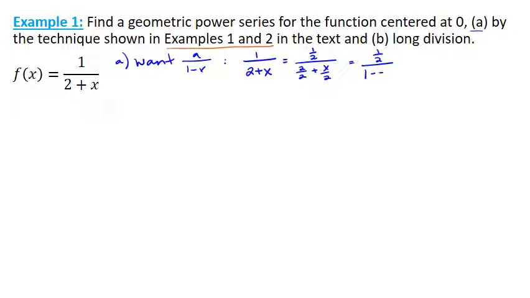I could say minus a negative x over 2, because minus a negative gives me that positive. Now this closely resembles a over 1 minus r. Now, the algebra part is going to be the trickiest part for some, okay? So I can conclude that a equals 1/2 and r is negative x over 2.